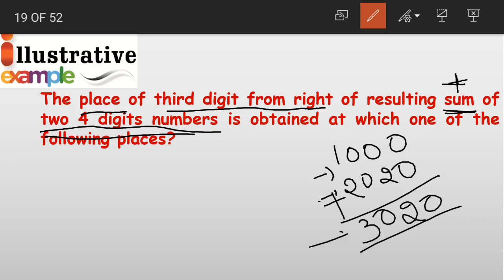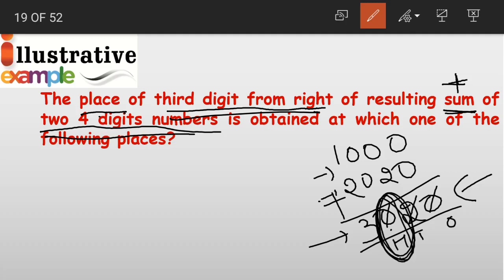Now in this sum, the place of third digit from the right side, the third digit 1, 2, 3. Now this is in which place? Ones, tens, hundreds. So the digit is in hundreds place. Yes. The place of third digit from the right of the resulting sum of two 4-digit numbers is the hundreds place.